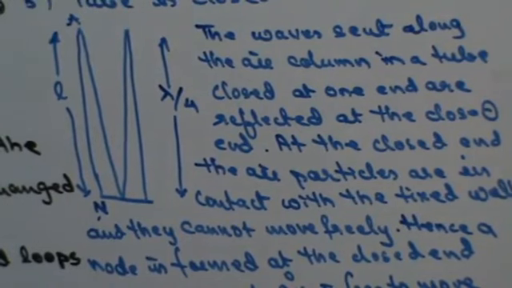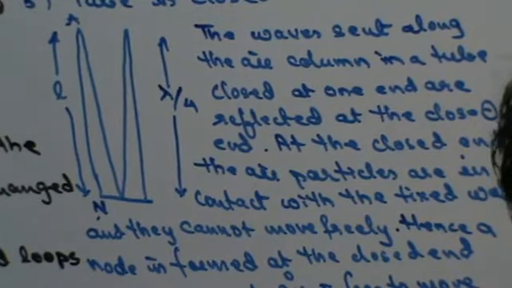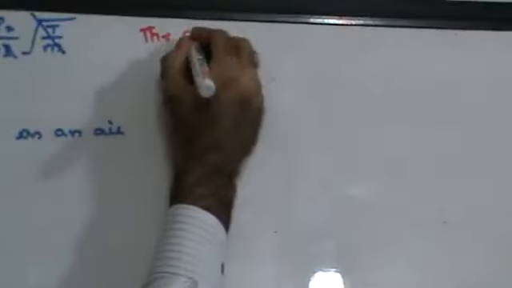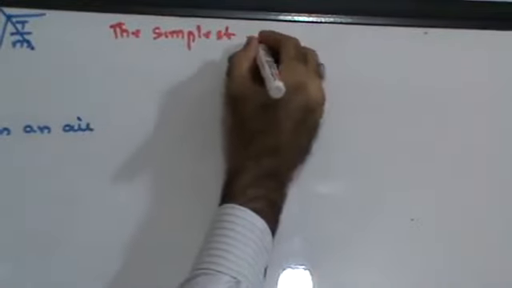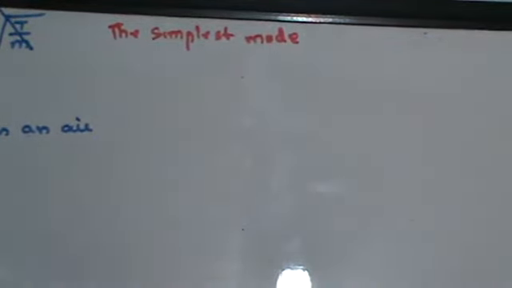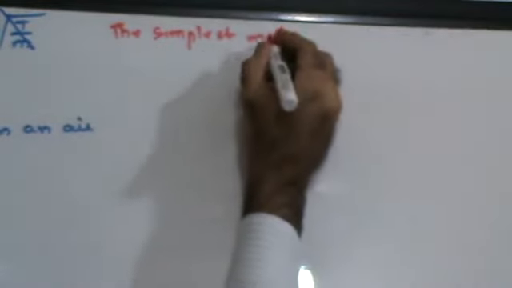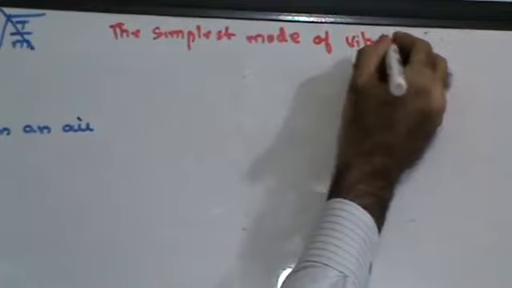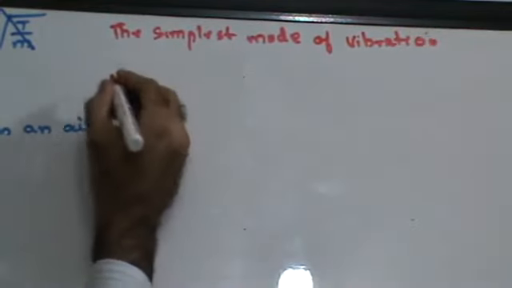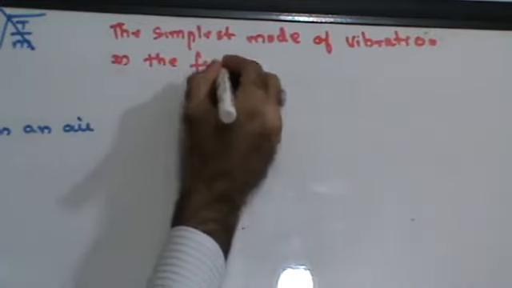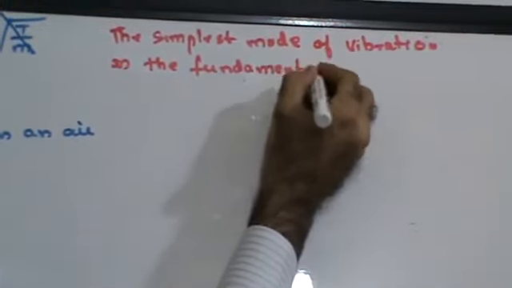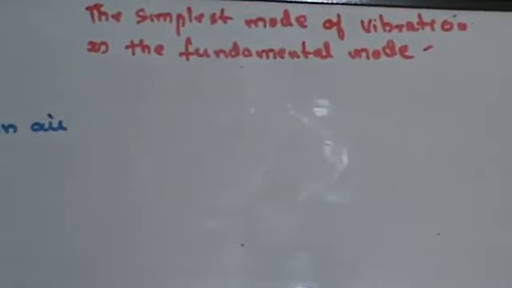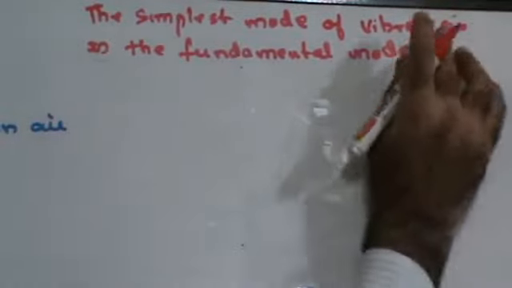I can say that the simplest mode of vibration is the fundamental mode, in which an antinode is formed at the open end and a node is formed at the closed end.